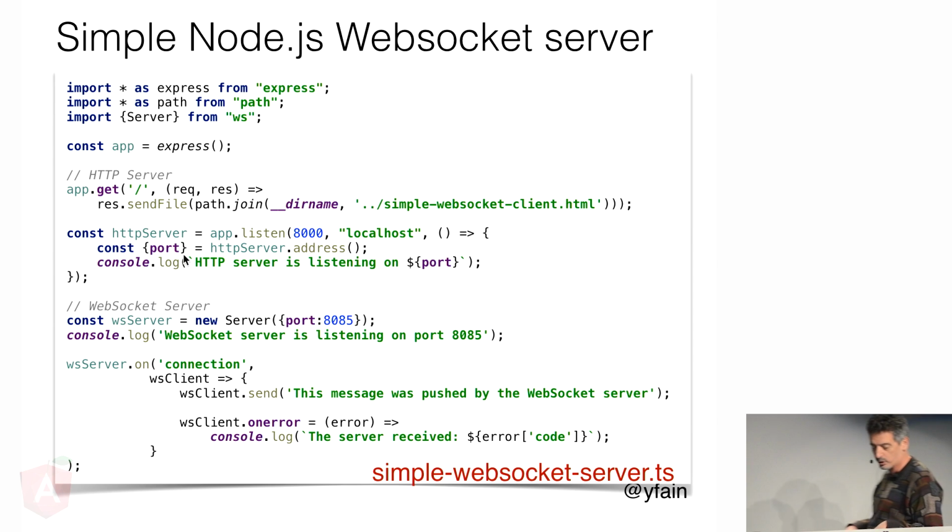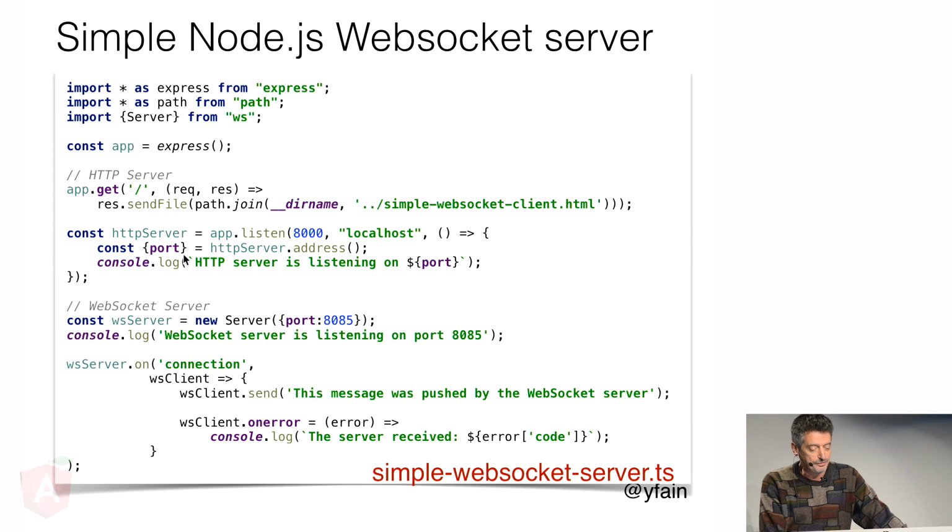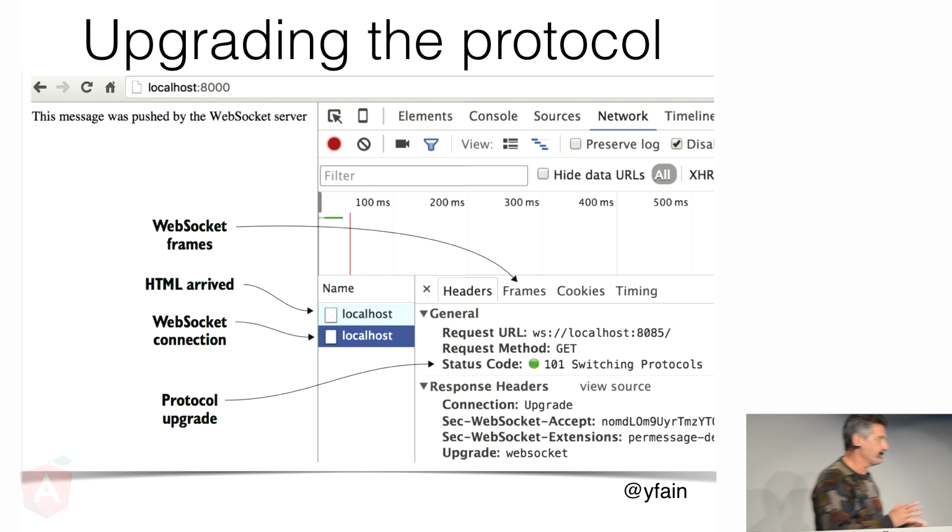I just need port. Apparently, this function address will return me more than just port, an object with many properties, right? Now, if you are connecting using HTTP the first time, and then from within your program you issue another call, like create WebSockets, WS, and domain, host, and port, your browser makes a request to the server.